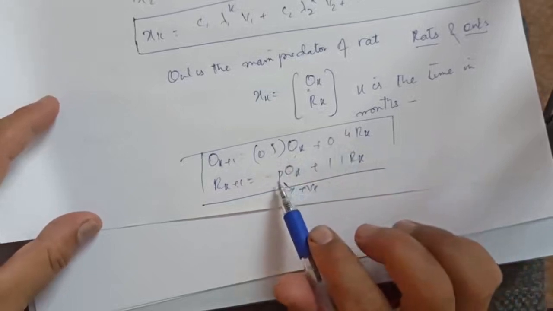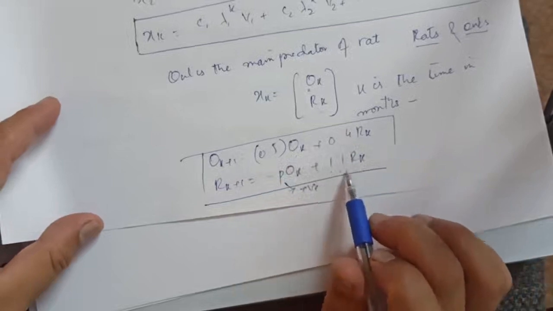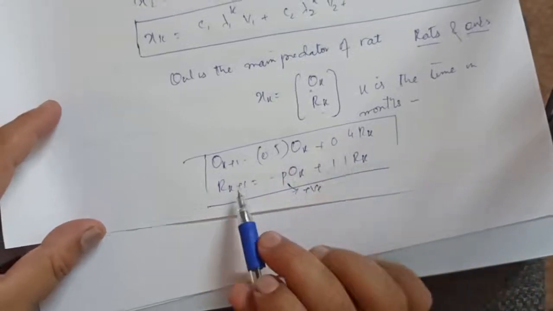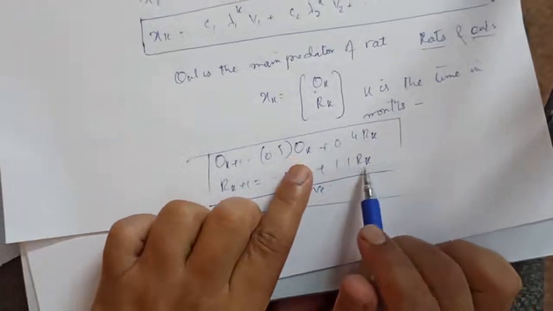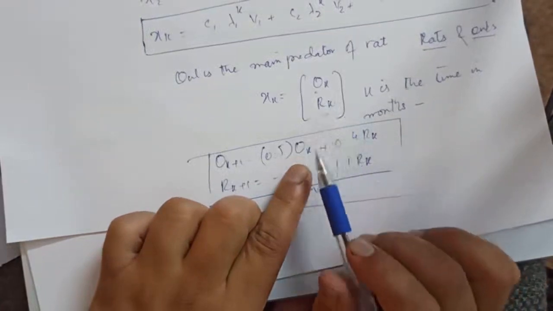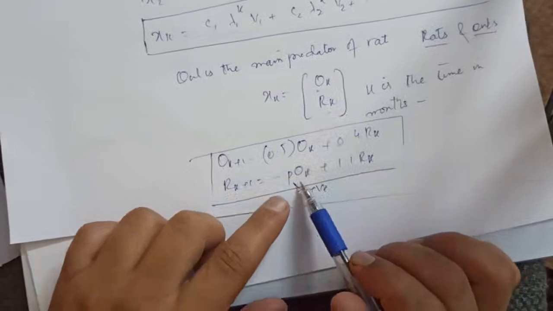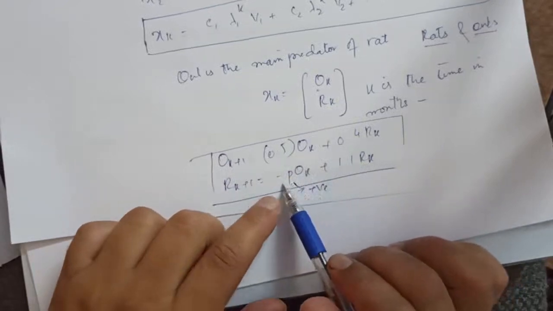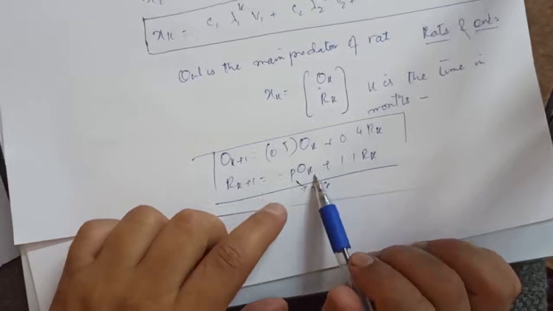Similarly, r(k+1) equals 1.1 r_k means the rats rise 10% each month. Since the owls are preying on the rats, the owl population hunting the rats contributes to a decrease in the population of the rats.